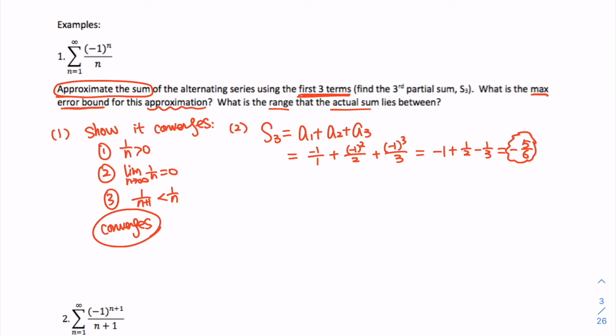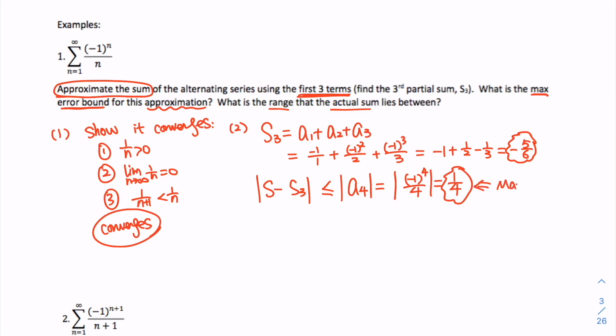However, if we just approximate the real sum using this number, there will be an error, and the error will be bounded by the next term, which is a_4. Don't forget the absolute value. And a_4 is given by (-1) to the 4 over 4, which is 1/4. So if we use the first 3 terms, the maximum error will be 1/4.